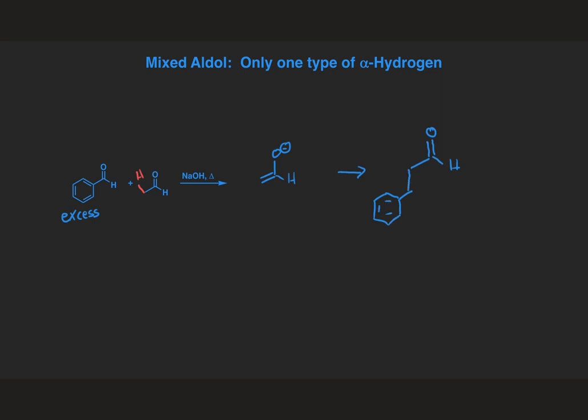And where there used to be a C double bond O on benzaldehyde, I'm going to make a carbon-carbon double bond to the alpha carbon of acetaldehyde to generate this alpha-beta unsaturated carbonyl as the final product. Now, it's possible that this could form both E and Z isomers, but the E isomer is more stable, and so we expect to see that as the major product.